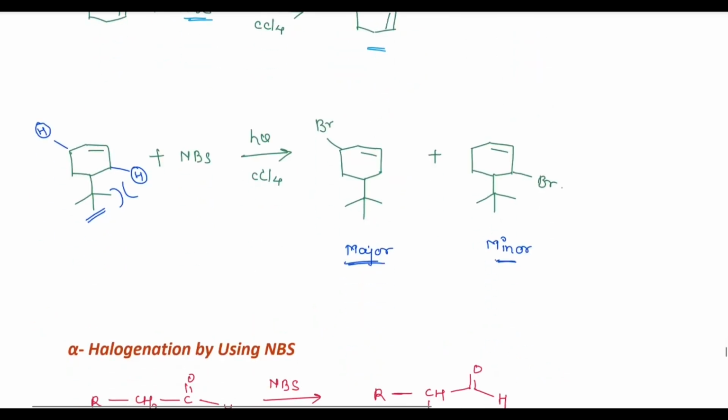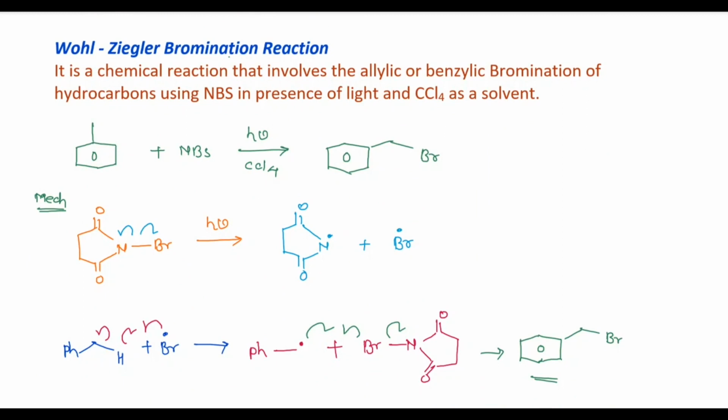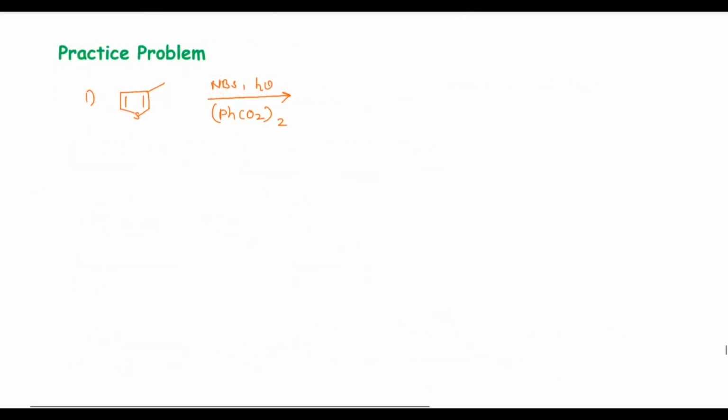We also saw an example based on steric factor, then alpha halogenation using NBS, and lastly the Hall-Ziegler bromination reaction using NBS, with an example and its mechanism. So, coming to the point, in today's lecture we discuss some practice problems on allylic halogenation.